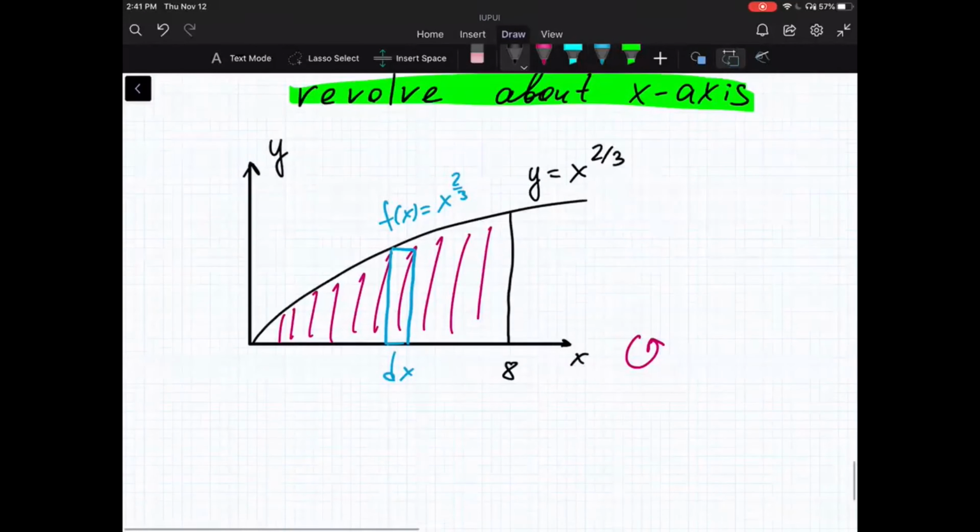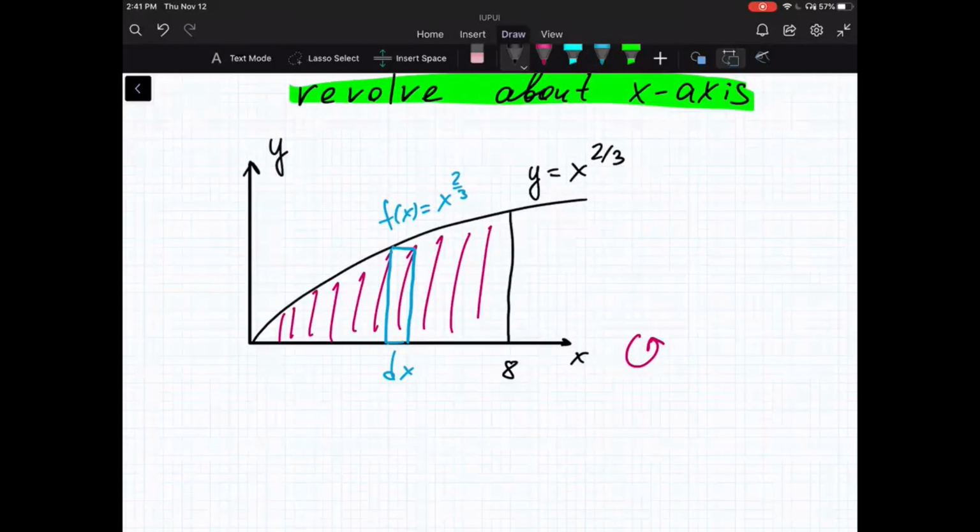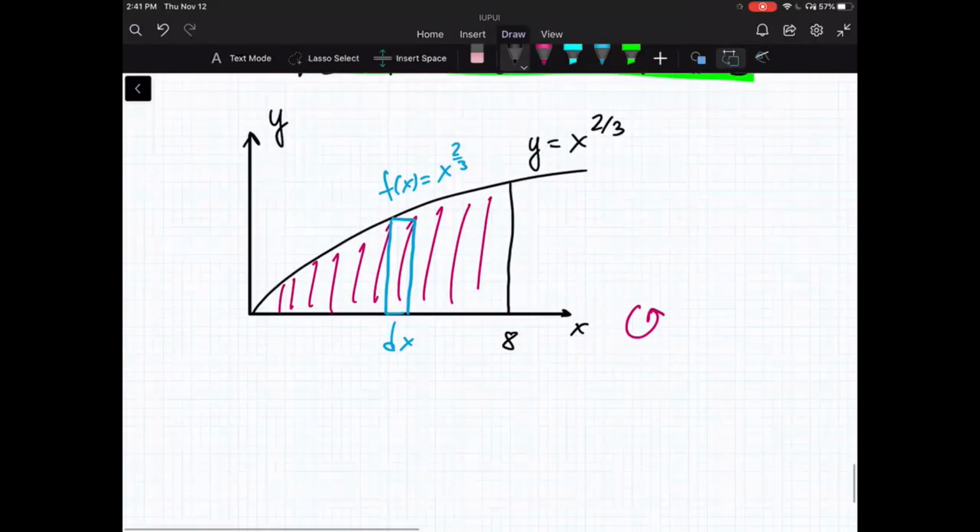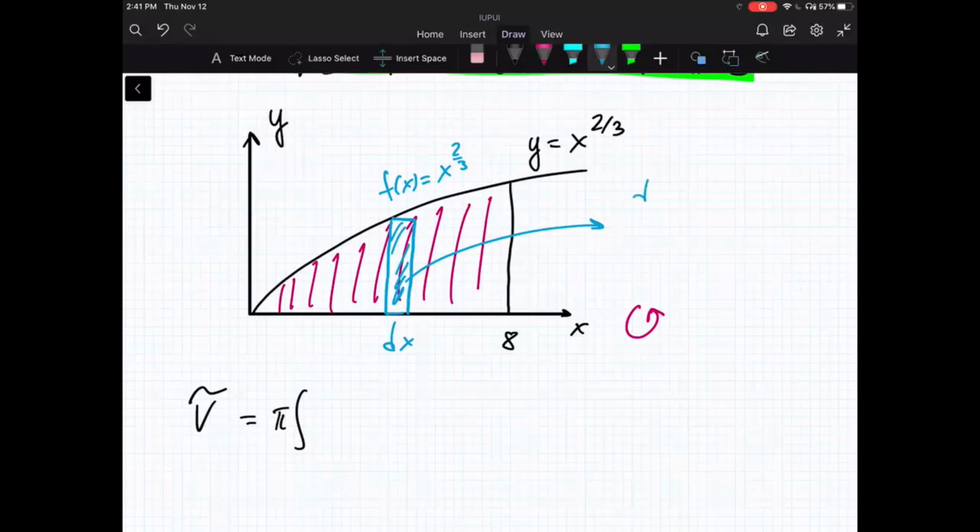And so there is no washer because the bottom function is just y equals 0. So my volume, V tilde, will be the integral of π, and this rectangle, after I rotate it around the x-axis, will correspond to a disk with radius f of x, so x to the power 2/3, and thickness dx.